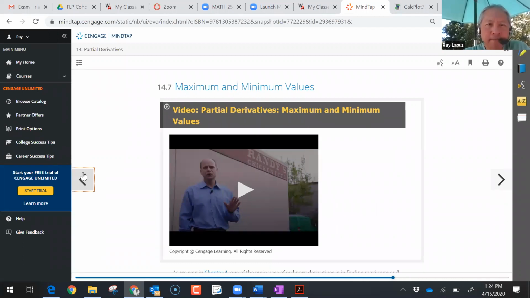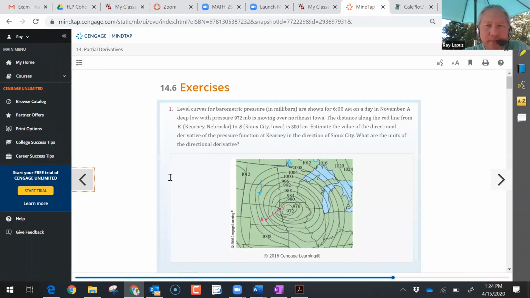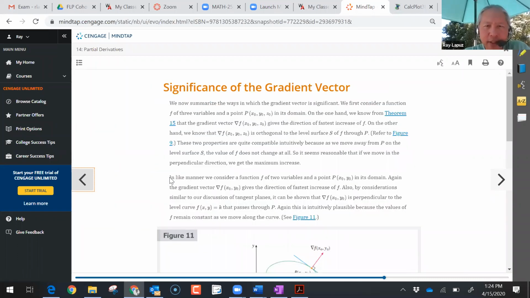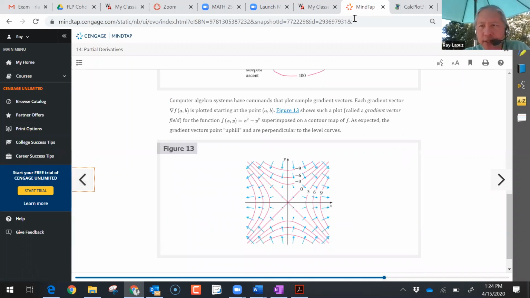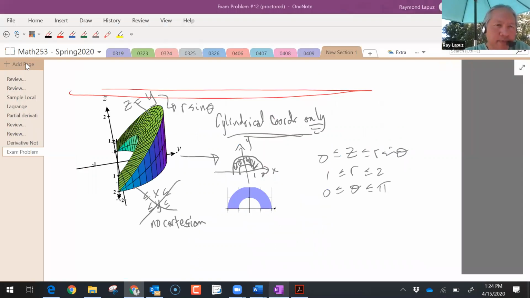I'm just trying to get to the gradient vector. That's not what I wanted. Well, in any case, let's talk about the second derivative.